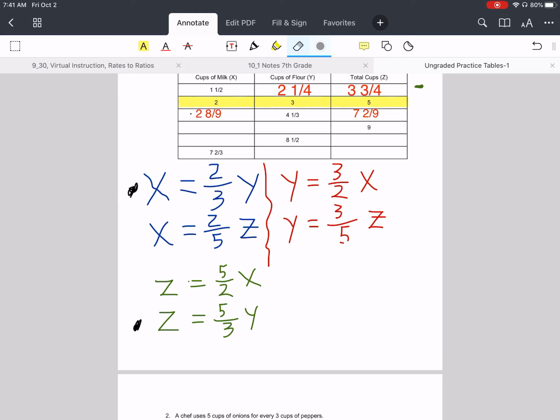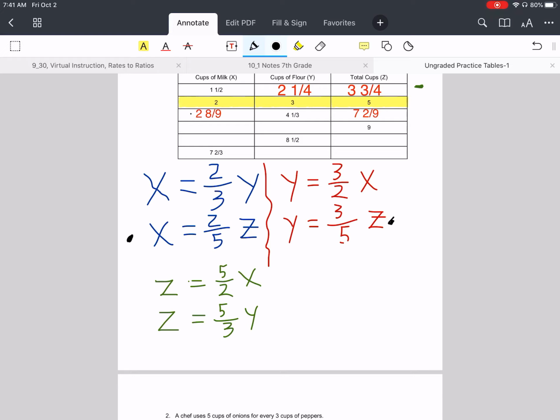On to row 4. It tells us the total cups is 9. So they give us the z value. We need to find the x and the y value. So we are going to use this formula and this formula to find x and y, because we multiply a number by z to get those totals.